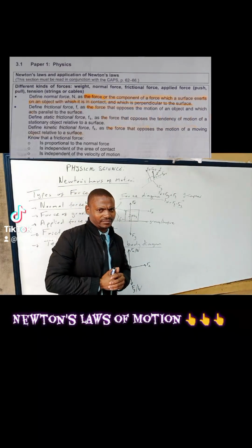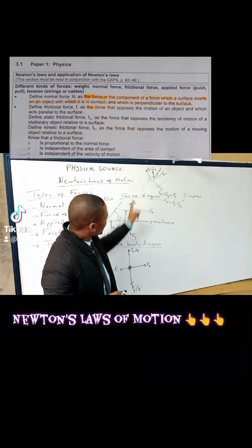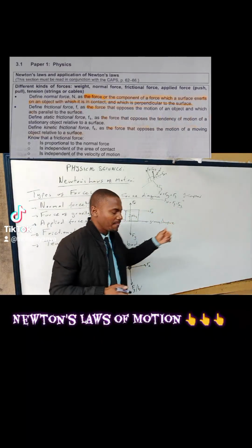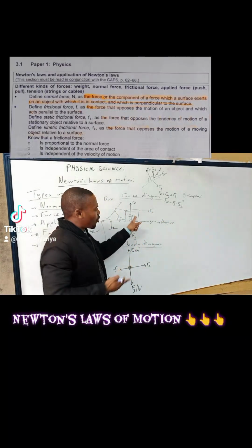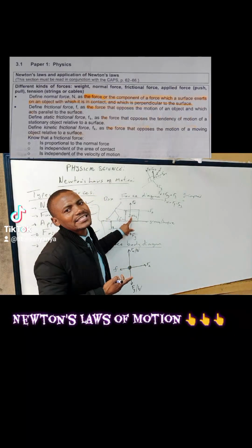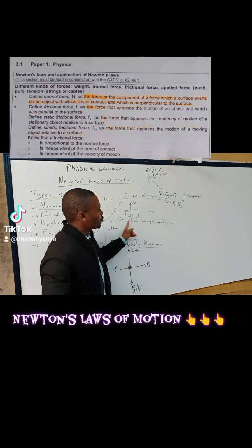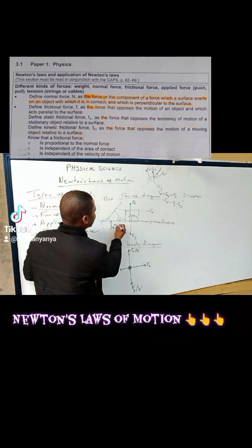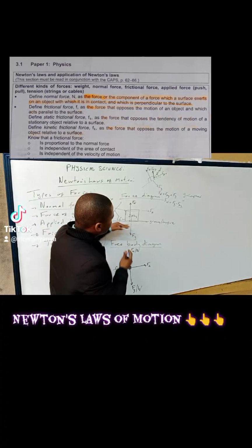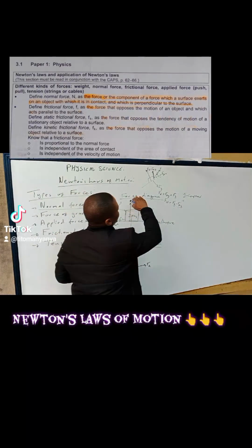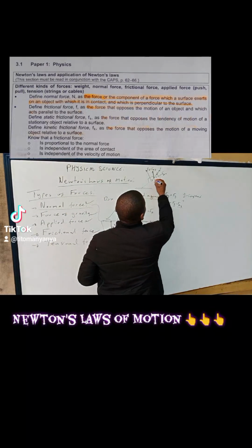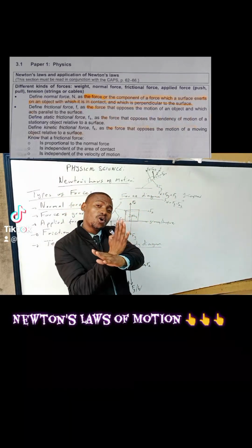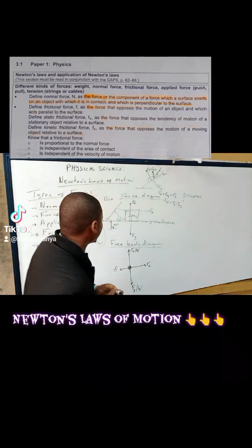Let's repeat. Normal force is a force or component of a force that the surface exerts on an object in contact with it, and it acts perpendicular to the surface. When you say perpendicular, it means it forms an angle of 90 degrees all the time. Whether the surface is horizontal or inclined, you must know that normal force acts perpendicularly to the surface all the time. That's very important, guys.